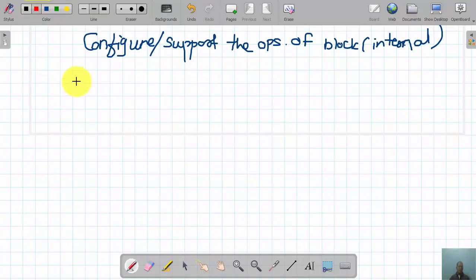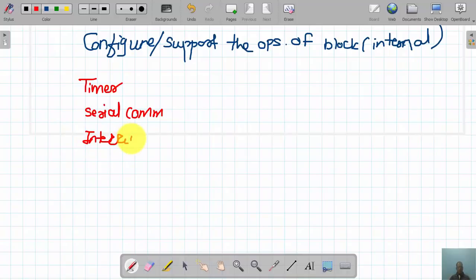For example, when we talk about the internal blocks of the 8051 microcontroller, we have discussed timer, serial communication, and interrupt control blocks.